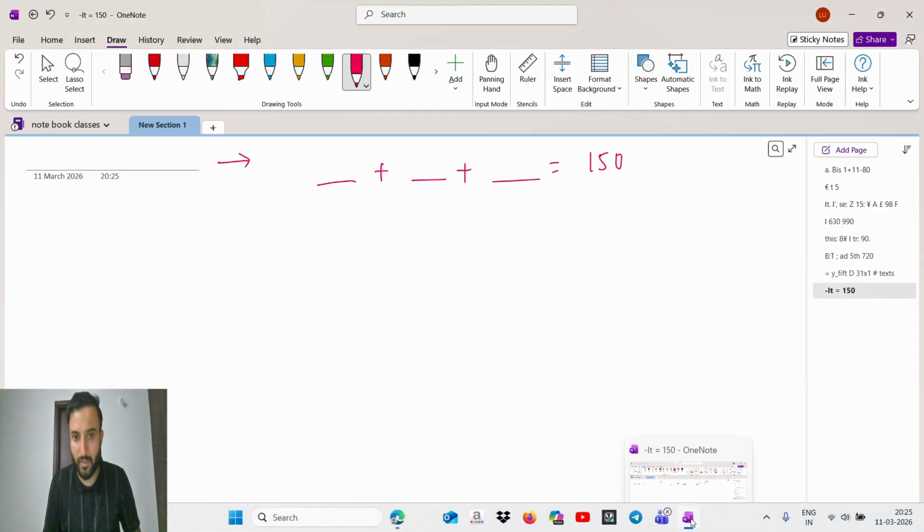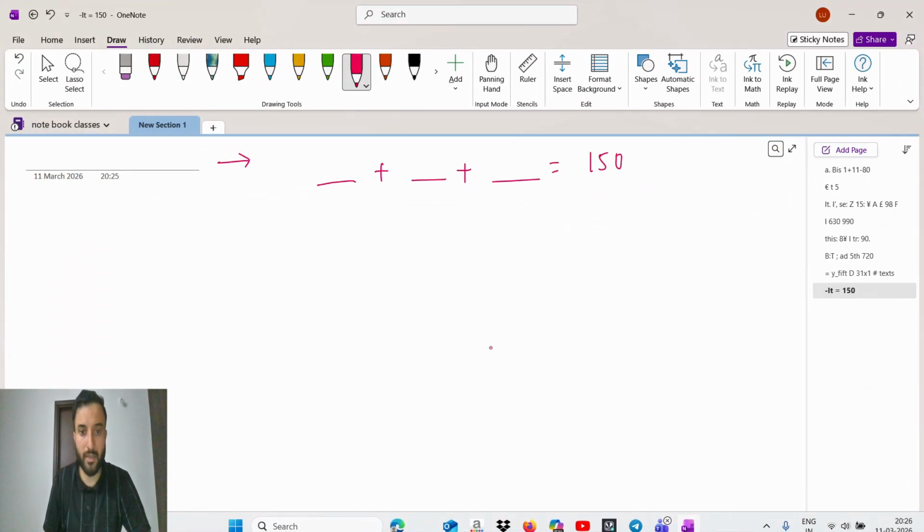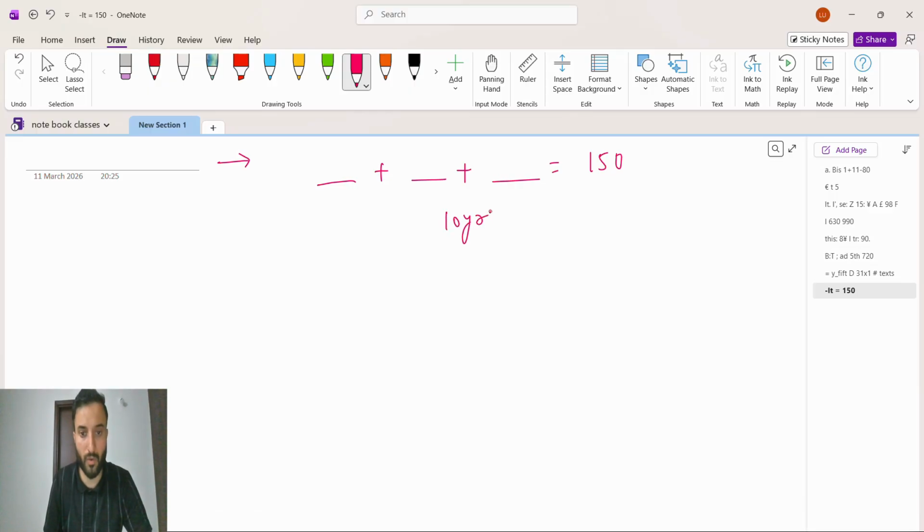Now next, what they are saying? Next they say 10 years ago, their ages were in the ratio 7:8:9. Means 10 years ago, what was their age? Guys, 10 years ago their ages were 7x, 8x, 9x.